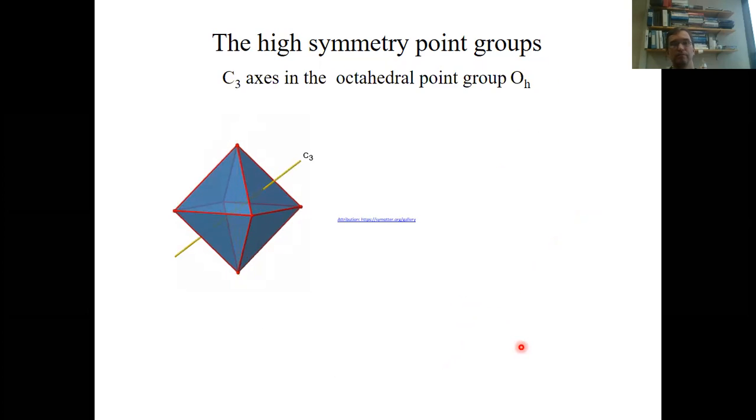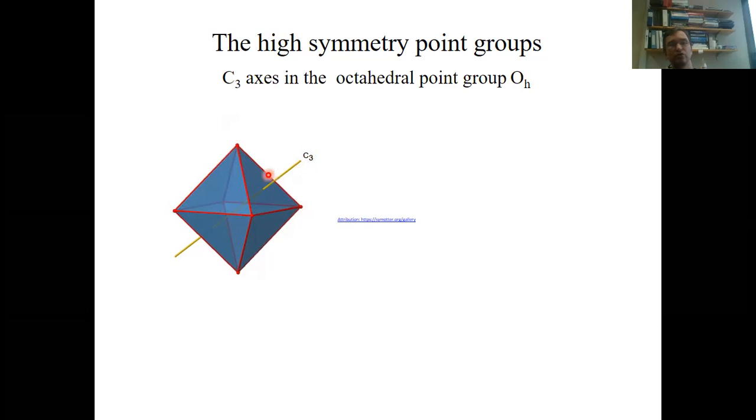So what other proper rotational axes do we have? So in addition to the C2 and the C4, we have C3 axes, and you see one of them here. You see that this C3 axis goes through 2 opposite faces of the octahedron.